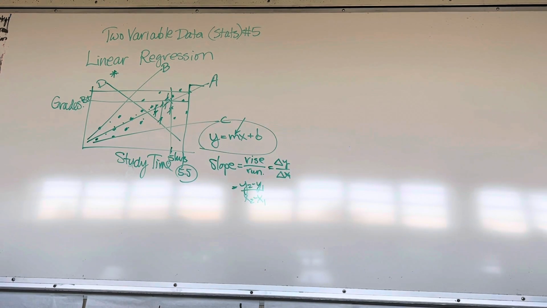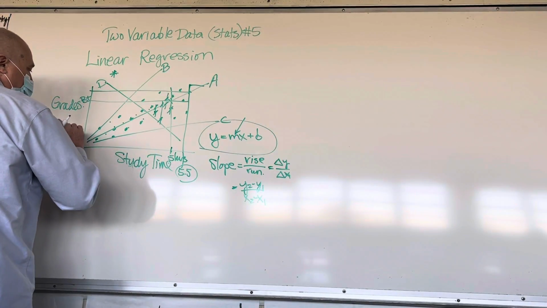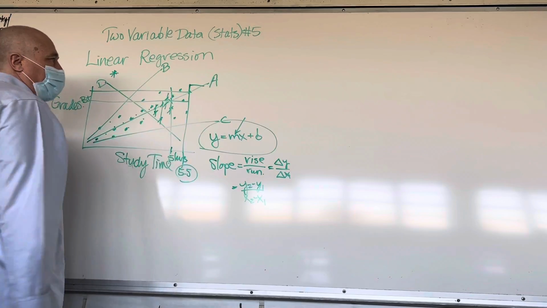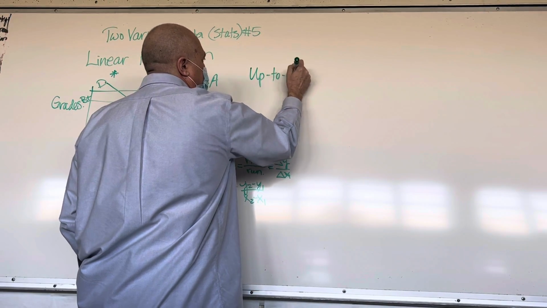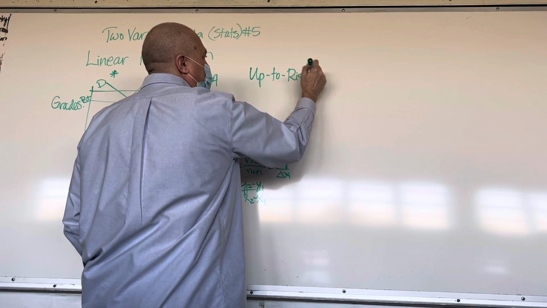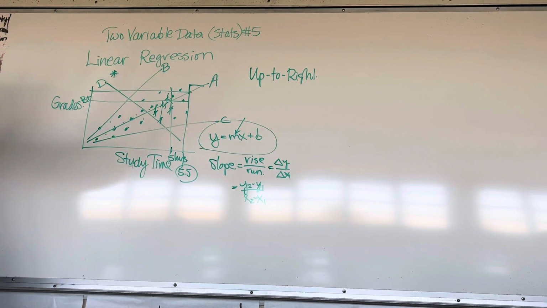Okay, so which line best fits or approximates the data? Go back through slope. Remember, this line goes up to the right. I think I did this with you last semester, right? Okay, you're sitting there. Raise your arm out to the side.